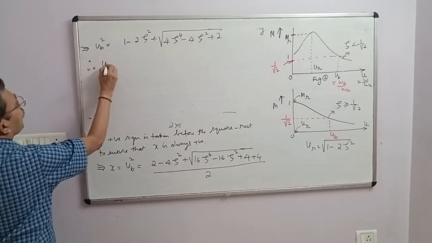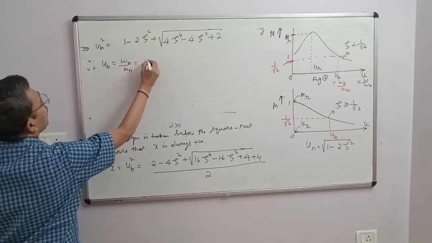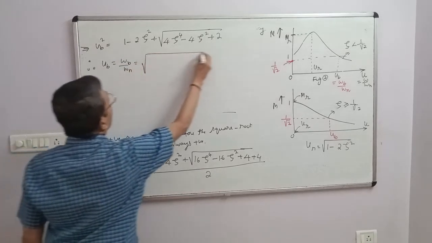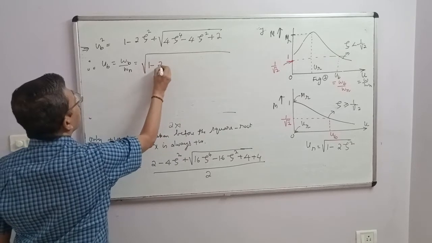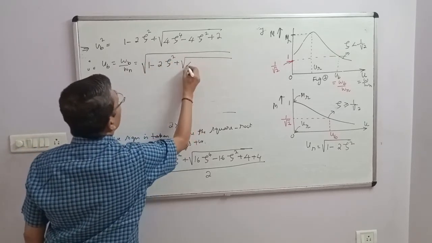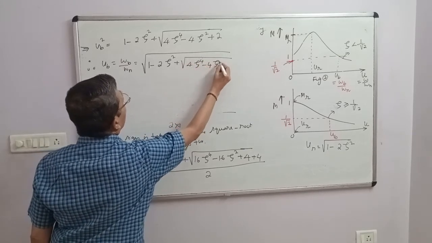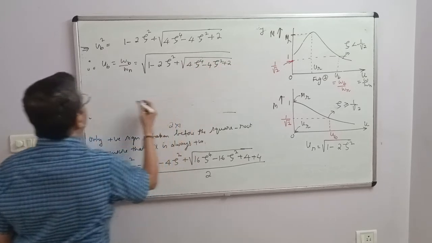Therefore, ub is equal to omega b by omega n is equal to square root of 1 minus 2 zeta square plus root of 4 times zeta to the power 4 minus 4 times zeta square plus 2.